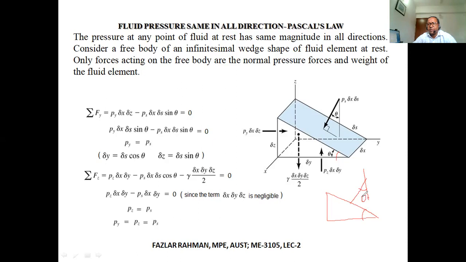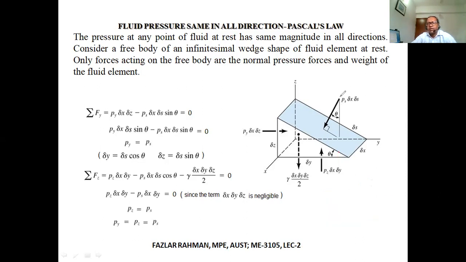You can figure it out easily. You make a horizontal line, this is theta, and this will be 90. I'm sorry, this is not theta. If this is theta, then this angle will be 90 minus theta. Then obviously this angle will be theta. You can figure it out easily.